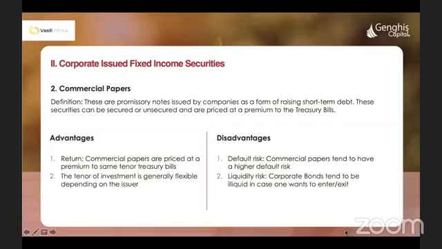When I'm moving my money to a commercial paper, I will have to demand higher because the probability of default is higher for a private entity. Liquidity: these instruments are illiquid. You can't sell, and most of them are not even transferable. So that's a decision you carry when you invest in commercial papers, which are a subset of corporate issued fixed income instruments.